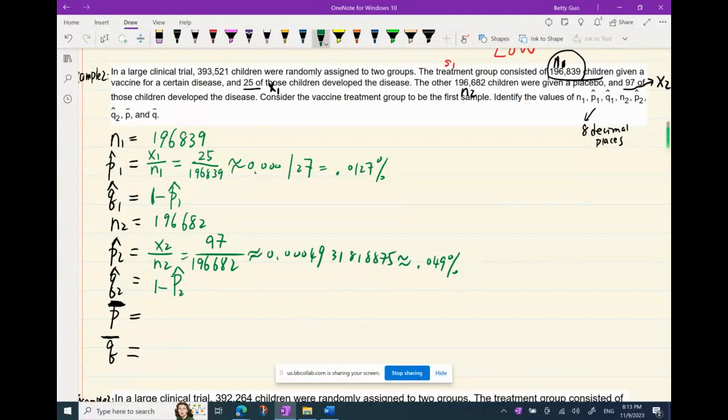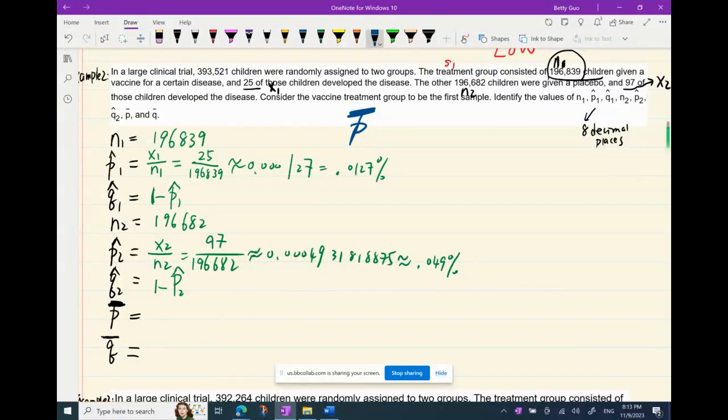Okay, here you need to help me. What is P bar? What's the formula for P bar? What does P bar refer to? It's the combination of both proportions. It is the proportion of the pooled sample.